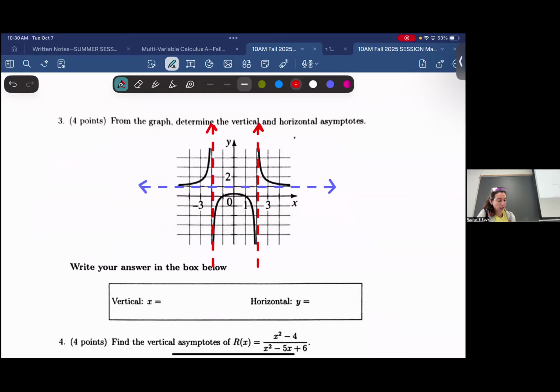So our vertical asymptotes, which I have highlighted in red here, are at what numerical values? x is equal to? Negative. And then what about our horizontal asymptote? y is equal to? Yeah.